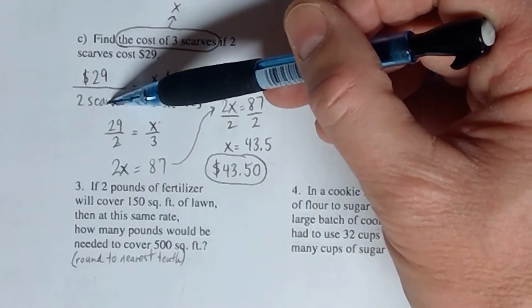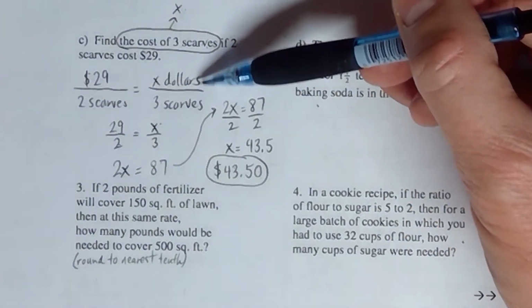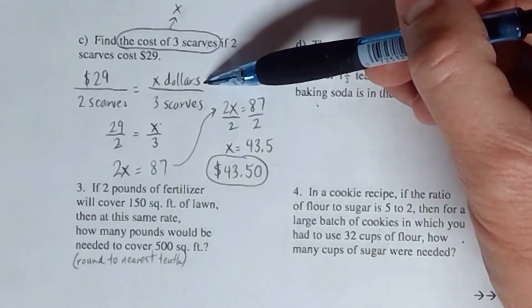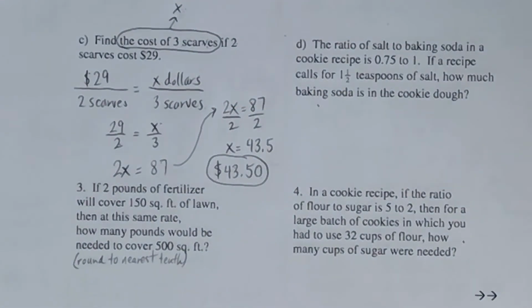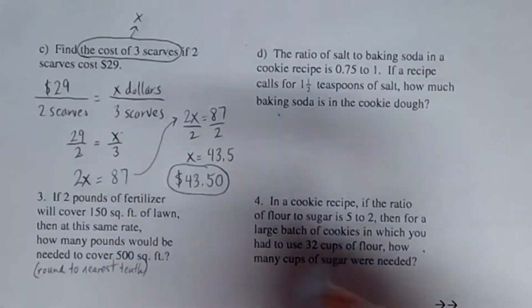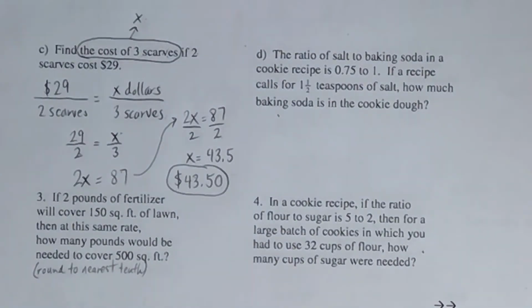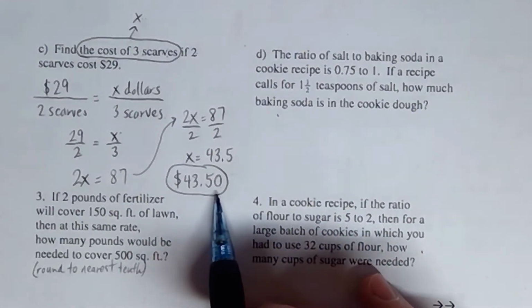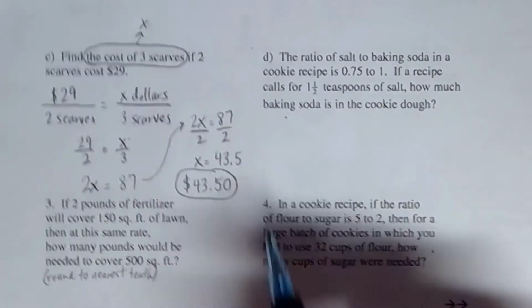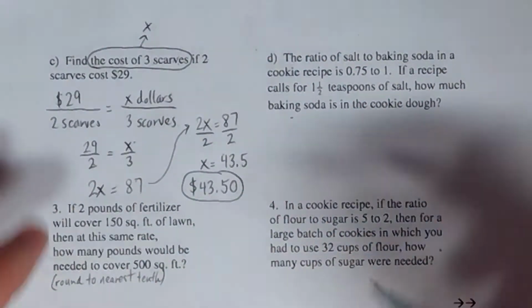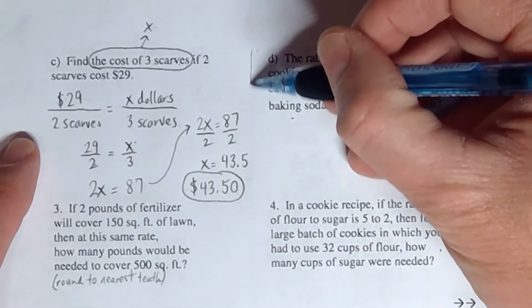If you have dollars divided by scarves, this also has to be dollars divided by scarves. It can't be cents divided by scarves. That's how I knew that was dollars. So usually you're going to need a unit of measurement on your answer. The only exception, and I don't even know if we're going to see any problems like this, I don't think we are, but if you see any unit of measurement in the problem, like I said, you've got to have a unit of measurement in your answer.